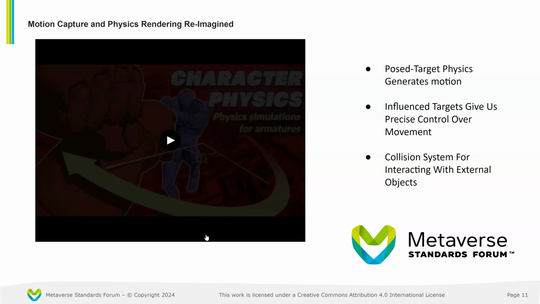For years I thought, why don't they do this with characters? So I finally had the opportunity here. It took me about 8 months of full-time work to set up a system that's basically a physics engine for character rig. As I was working with it, it occurred to me there's basically three major components to it.